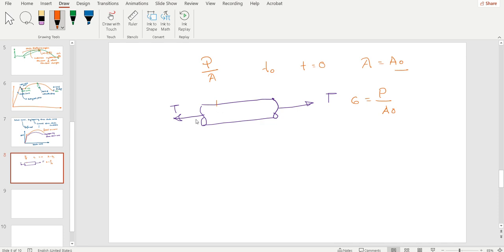It is deformed due to tension and the area becomes smaller. This is called the actual area. That means sigma actual is equal to P by A actual. Here A0 is greater than A actual, so sigma actual is always greater than sigma engineering.